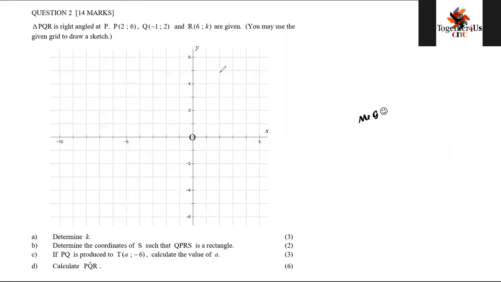So let's see, P is 2 and 6, there's P, and Q is negative 1 and 2, right? And we know now that R is 6 and 3, so maybe I can just look for 3 on the y-intercept, and we know that R will be somewhere there.